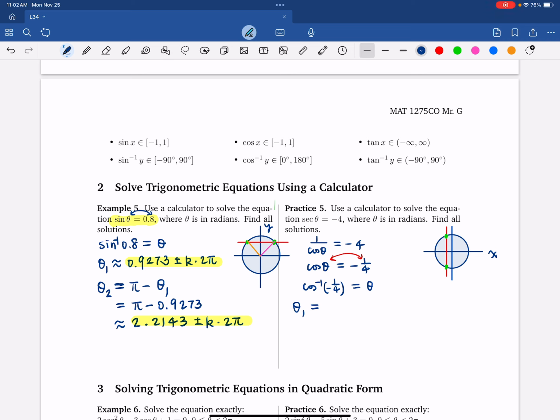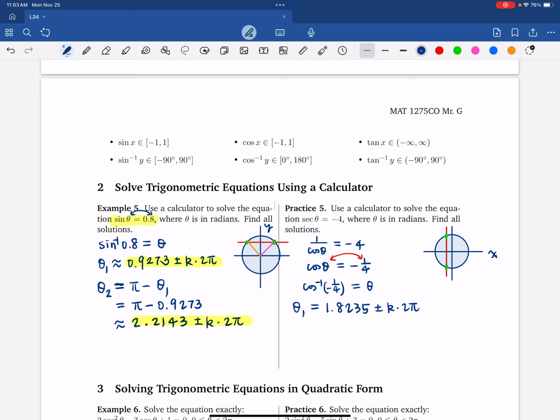It's cosine inverse of -1 over 4. And that will give you approximately 1.8235. And don't forget that we need to add plus minus at the end. So plus minus k times 2 pi. And this is one of the solutions.